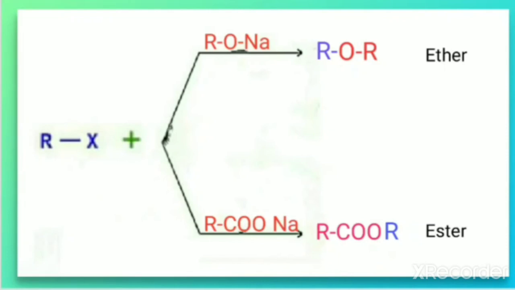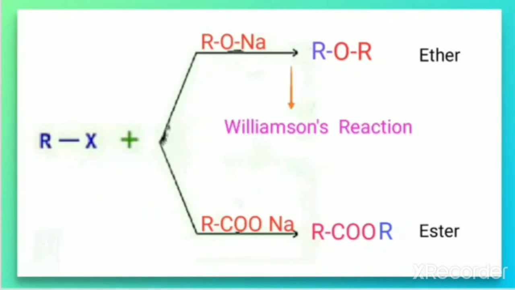So from haloalkane we can prepare ether and we can also prepare ester. From this, the first reaction, that is formation of ether, when haloalkane is treated with sodium alkoxide, this reaction is called the Williamson reaction.